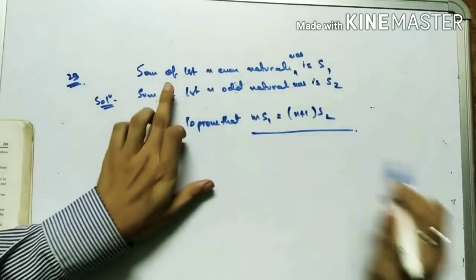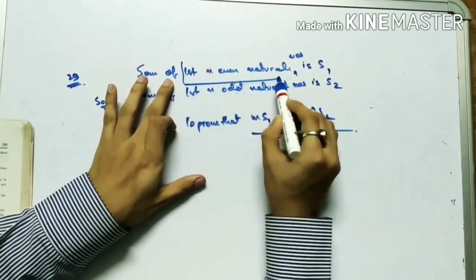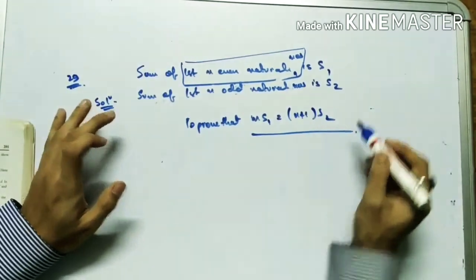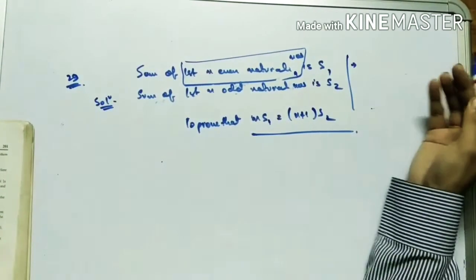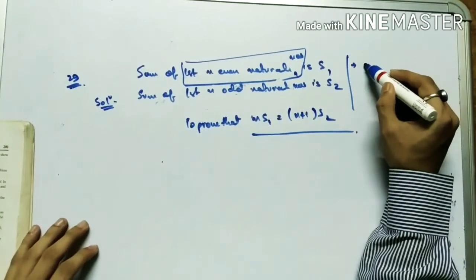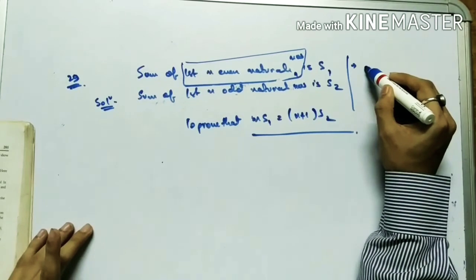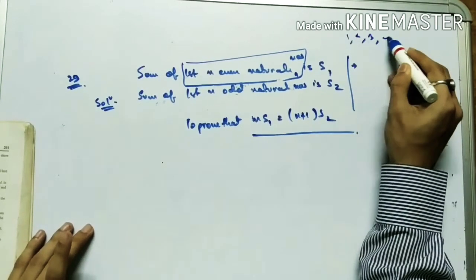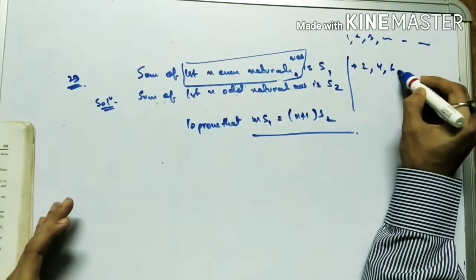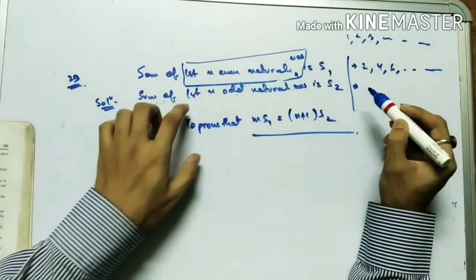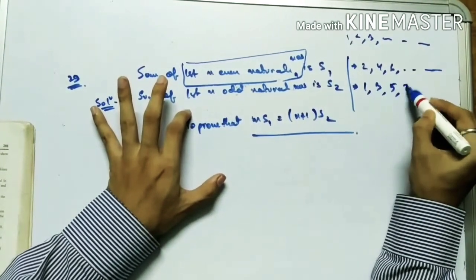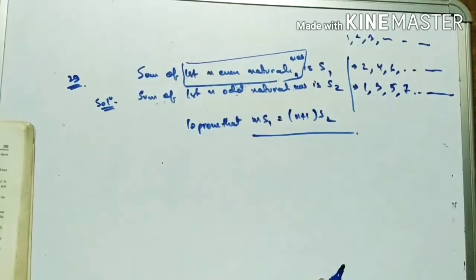So in here, you see the first n even natural numbers. What will be the sequence? Natural numbers start from 1, 2, 3, 4, 5, 6, but since it says even natural numbers, the first number will be 2, then 4, 6, and so on. And the first n odd natural numbers: the first number will be 1, 3, 5, 7, and so on.